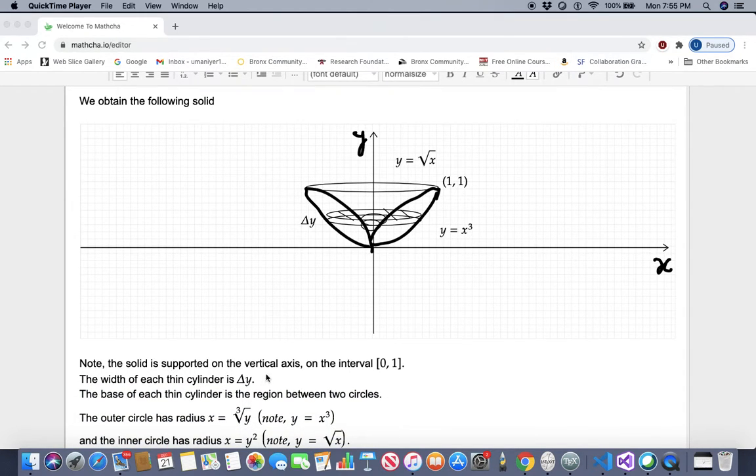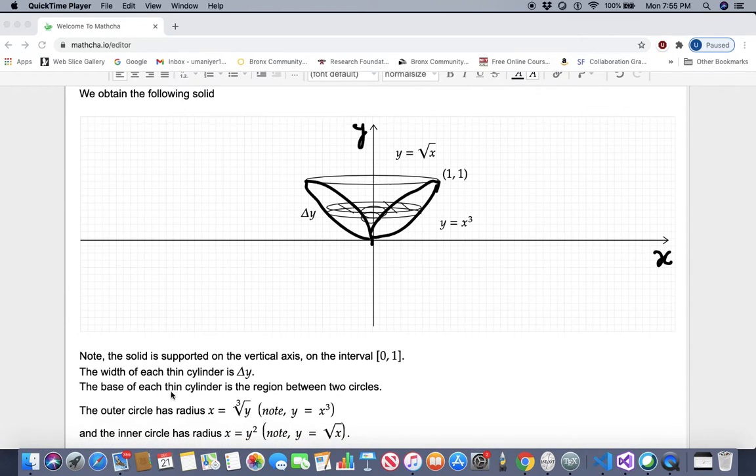So the solid is supported on the vertical axis on the interval 0 to 1. That's the y-coordinate 1. The width of each thin cylinder is delta y. The base of each thin cylinder is the region between an outer circle and an inner circle, so the region between two concentric circles.